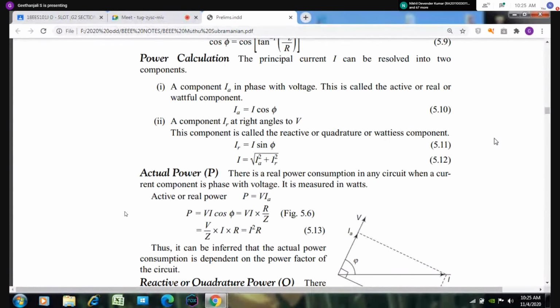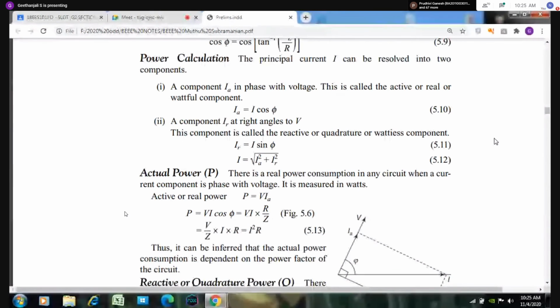This is called the active or real or wattful component. The expression for IA is I into cos phi.